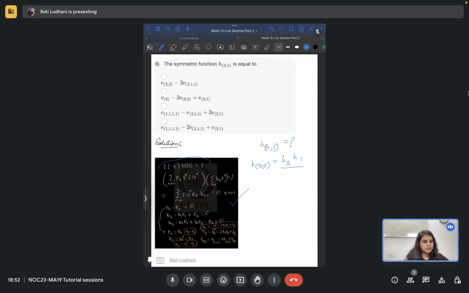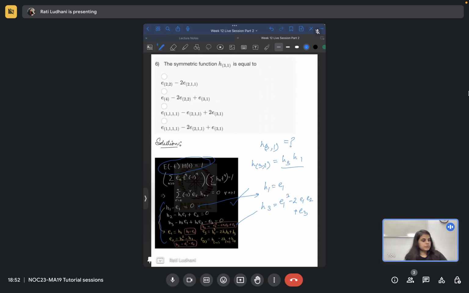So from this relation we know the relation between h and e, the complete symmetric polynomial and the elementary symmetric polynomial. What are the relations we have? So from this we know that h1 is equal to e1, and h3 is equal to e1 cube minus 2 e1 e2 plus e3, right?